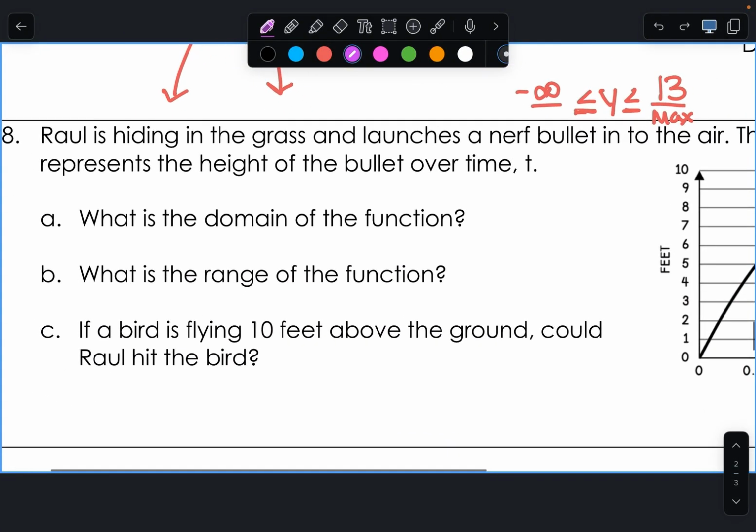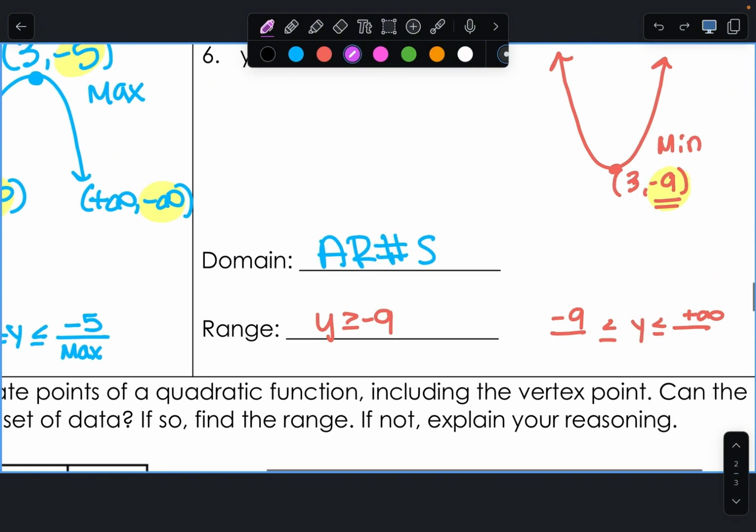This one, your domain cannot be all real numbers. Why? We just talked about it. Because there's feet and seconds. You can't have a negative number of feet. You can't have a negative number of seconds. So that's why it cannot be all real numbers.